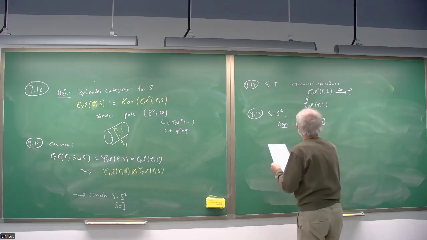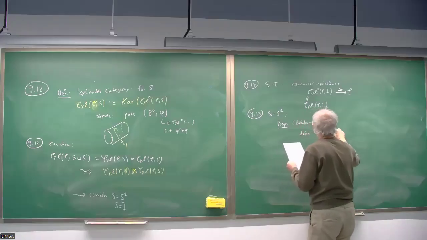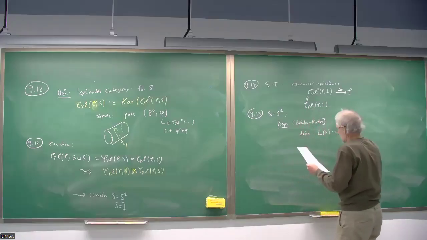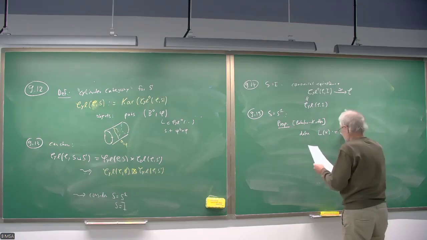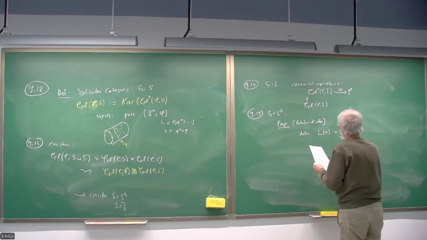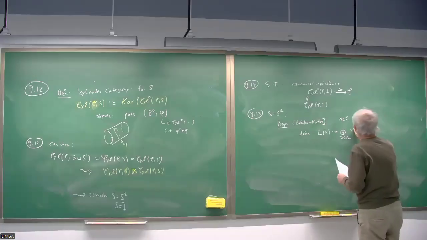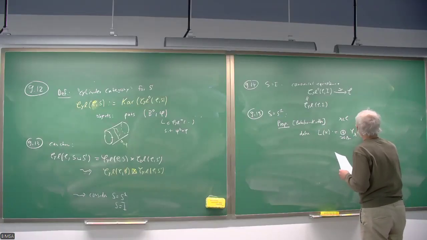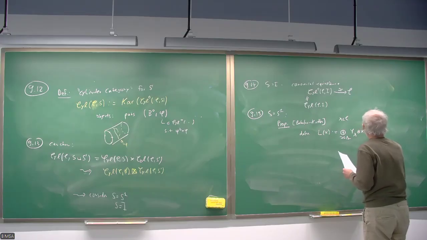We define L of X for X in C to be the direct sum over all simple labels lambda of lambda tensor X tensor Y lambda dual.